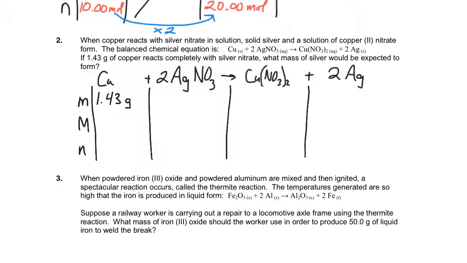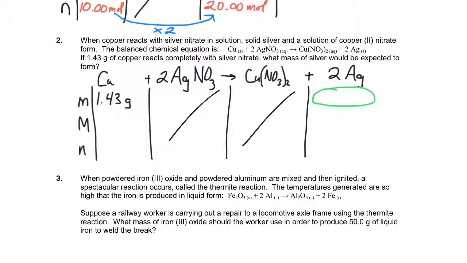Well, it's asking what mass of silver would be expected to form, so I'm just going to put a circle around the mass of silver. And I'm not given any information for the silver nitrate or the copper 2 nitrate, and I'm not asked about what amounts I have of those, so I'm just going to ignore those columns.